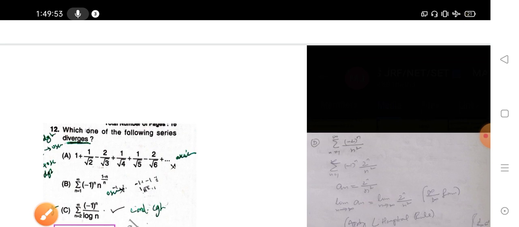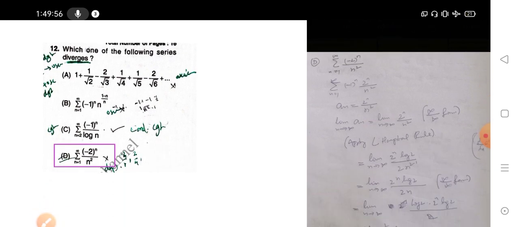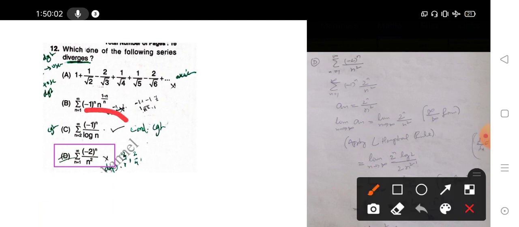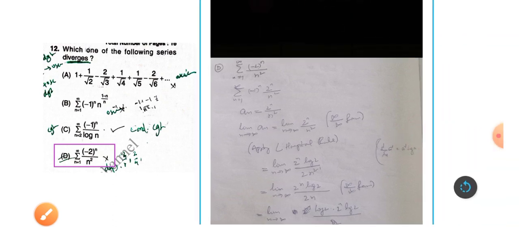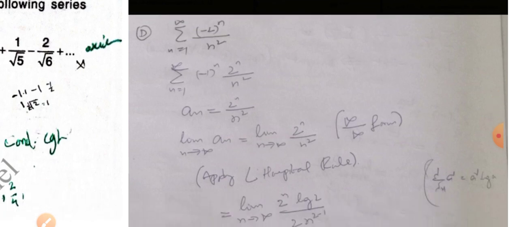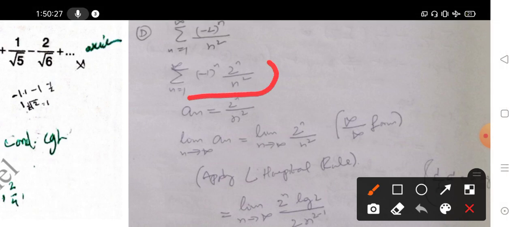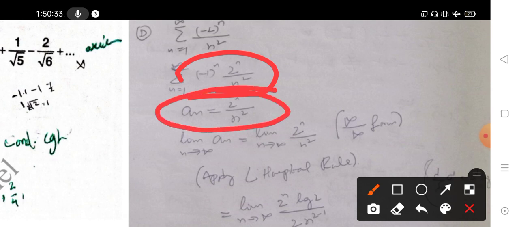Next question, which one of the following series diverges? This is conditionally convergent, and now check for option D. Here the sum n runs from 1 to infinity of (minus 2) raised to n upon n square is written as the sum of (minus 1) raised to n into 2 raised to n upon n square. Here the common (minus 1) raised to n, and put an equal to 2 raised to n upon n square.